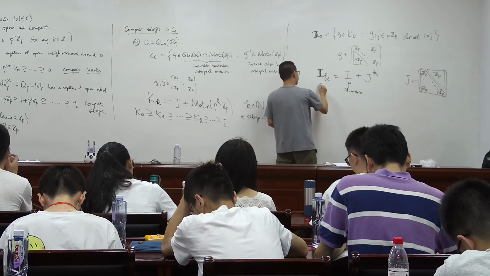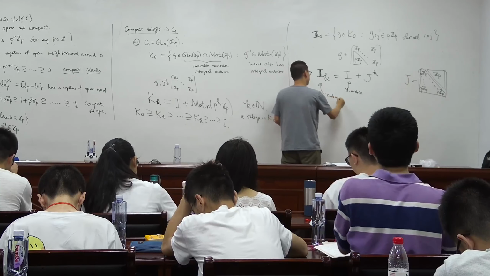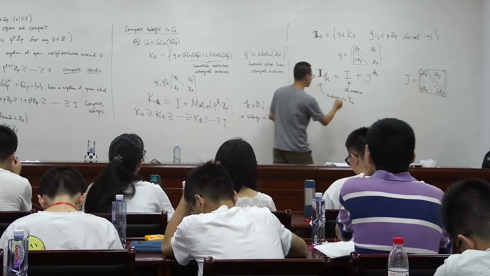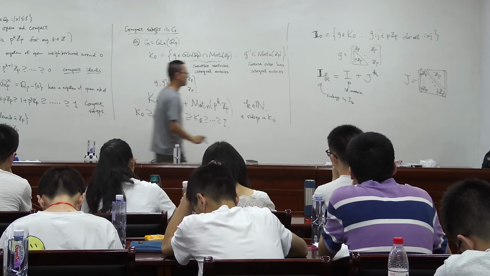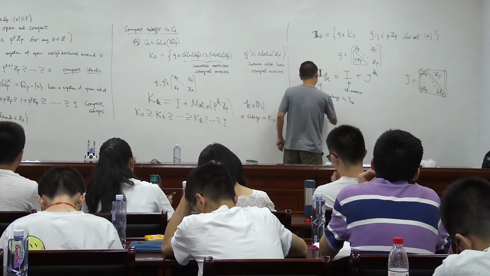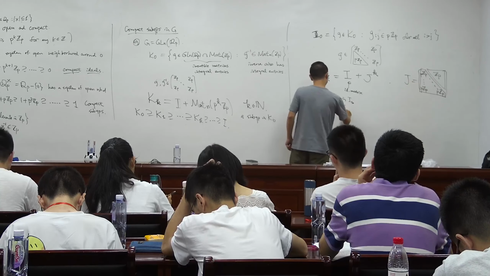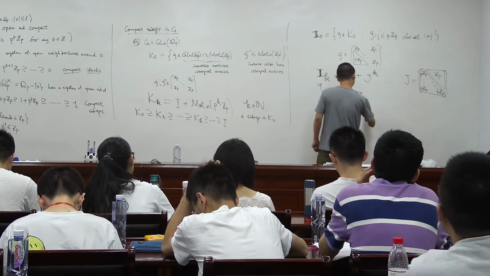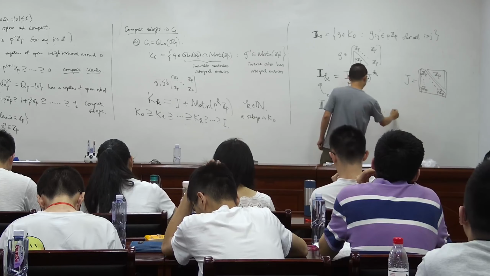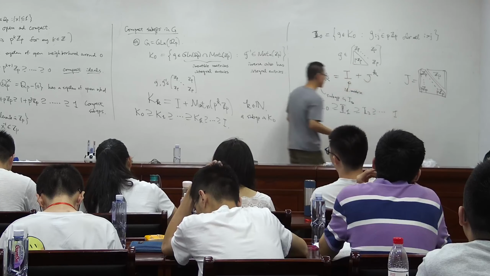You can check this is a subgroup in I_0. You also have a chain that forms a system of open neighborhoods around the identity matrix.